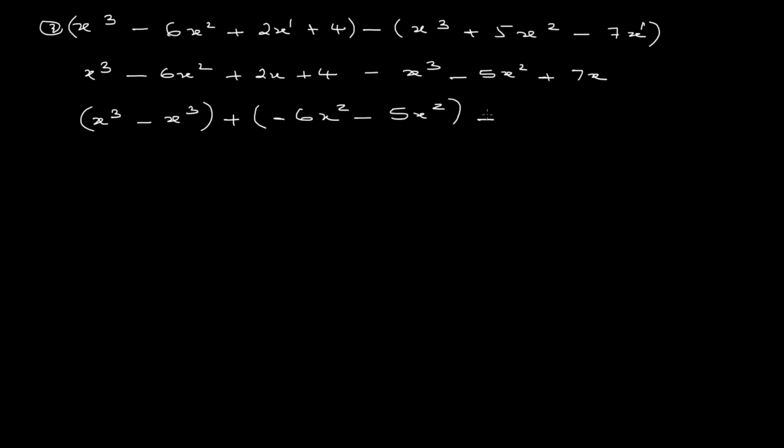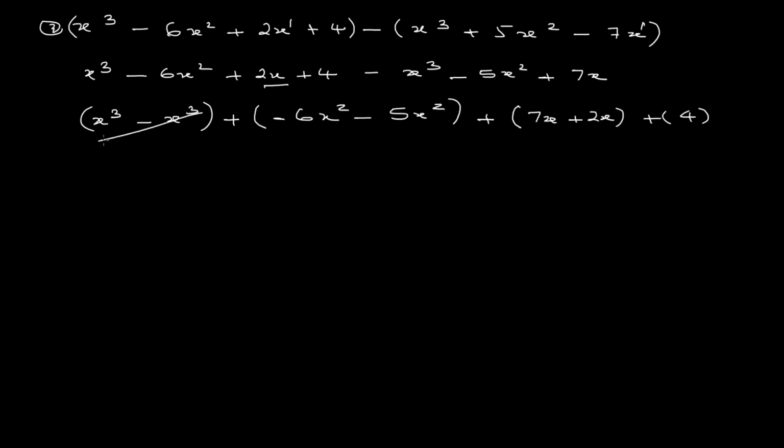Always try to make it simple and easy for yourself. Then I see that I've got a 4 and a 7x here, then plus 2x. Then I've got a 4 that's going to stand alone there.